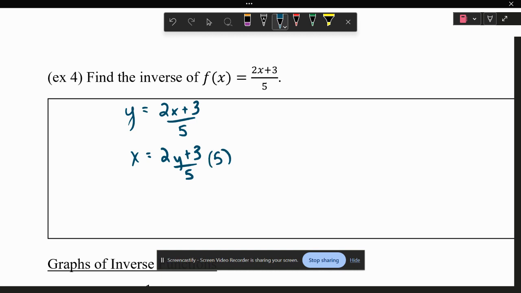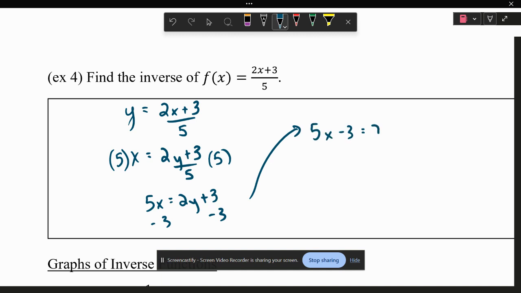So in this case, we'll multiply by 5 first. We'll subtract 3. And then we'll divide by 2. And again, because this is our inverse, we're going to replace our y with that inverse notation.